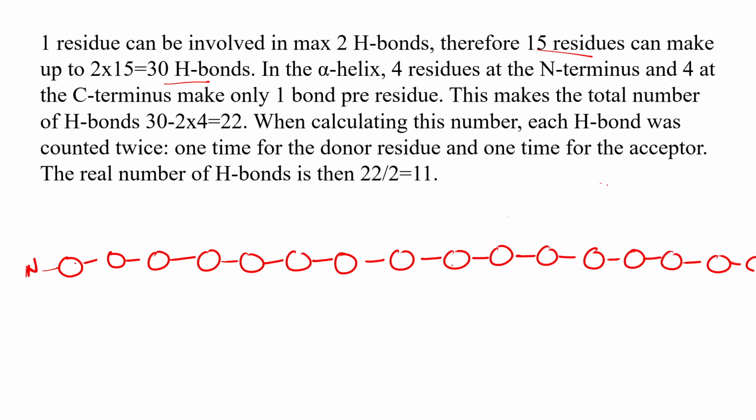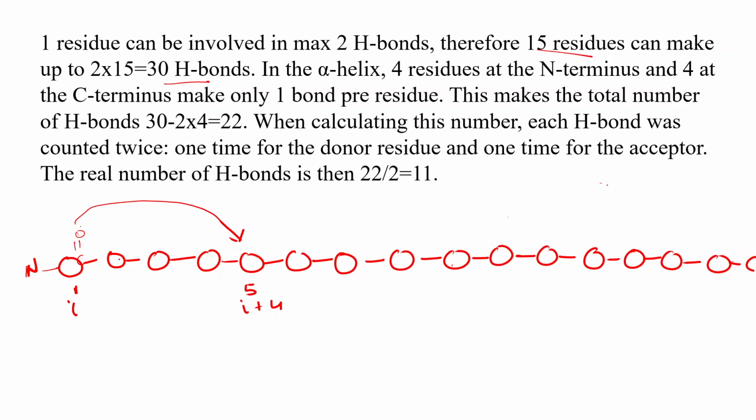The hydrogen bond will start with the carboxylic group, C double bond O, of this first amino acid. So 1, 2, 3, 4, 5. So this is the fifth. If this is I, this will be I plus 4, right? So this will make a hydrogen bond with the fifth residue. So this will make only one hydrogen bond.